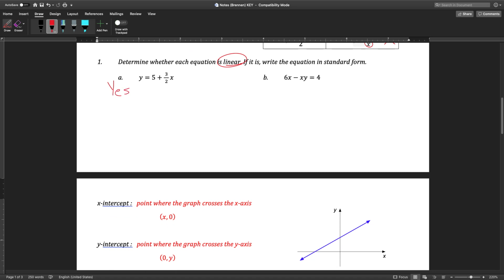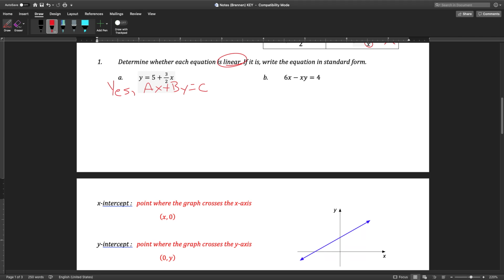Now I have to get it in the form of ax plus by is equal to c, where a is positive, my GCF of a, b, and c must be 1, and I'm not allowed to have any fractions. I know that I don't want any fractions.